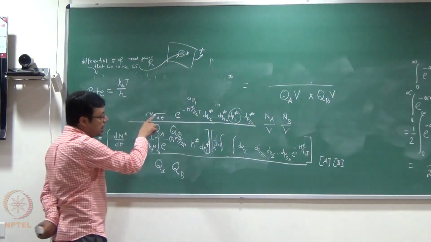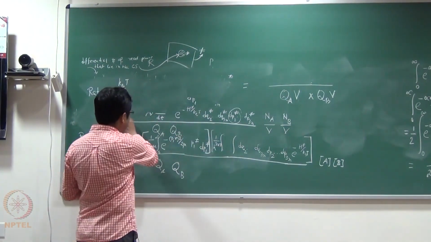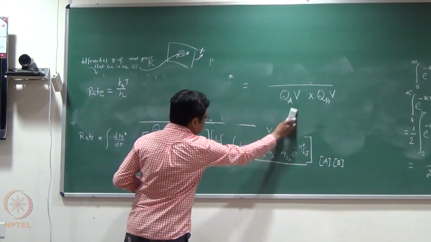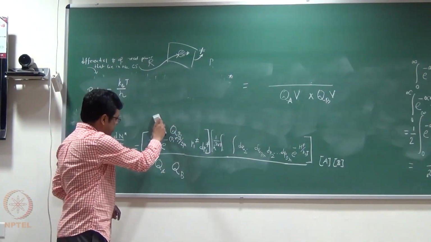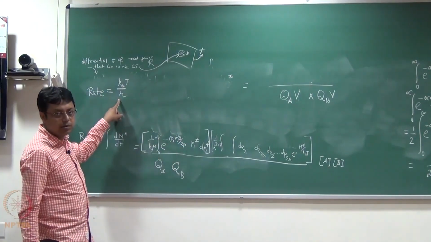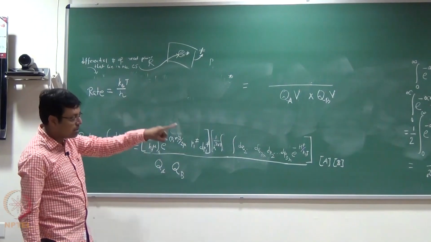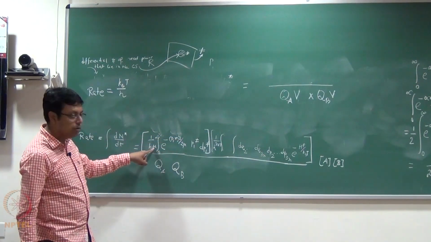And all these things are nothing but, as I said, this thing is giving me kBT by H. It was kBT mu. H is actually kBT mu, and this mu is cancelling.